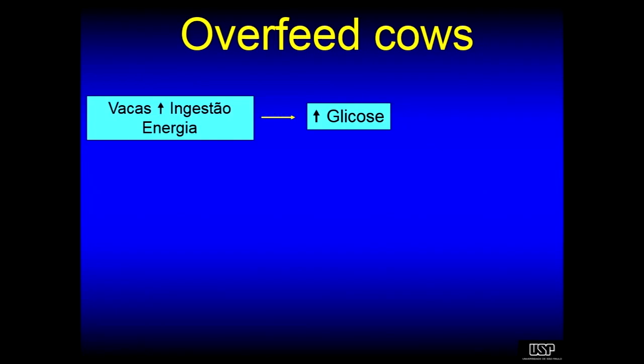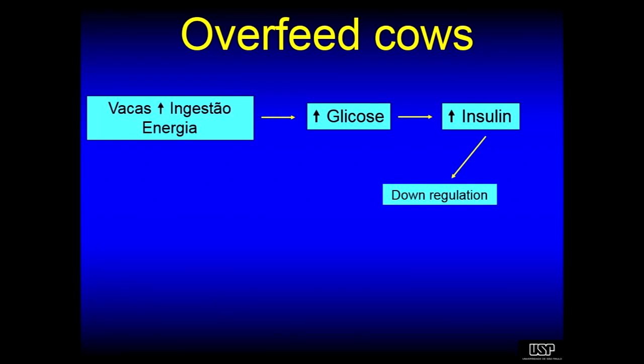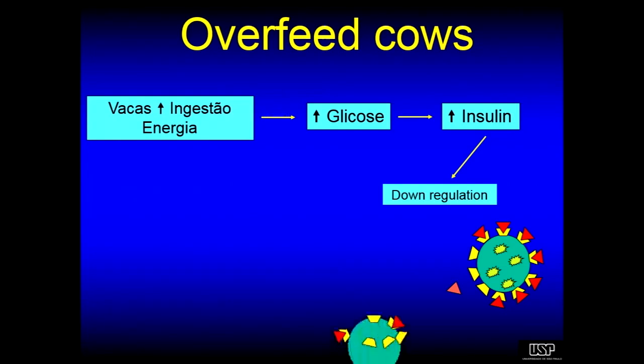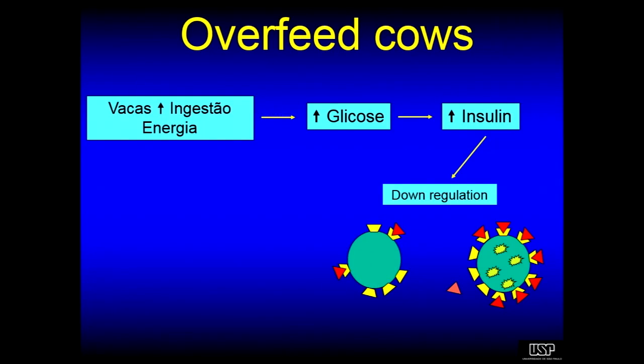So high energy increases the glucose, increases the insulin, and causes down regulation. So we have the oocyte here. We need to transport glucose into the oocyte, with the insulin binding the receptor. But when we have the insulin resistance, we have a down regulation of this receptor.